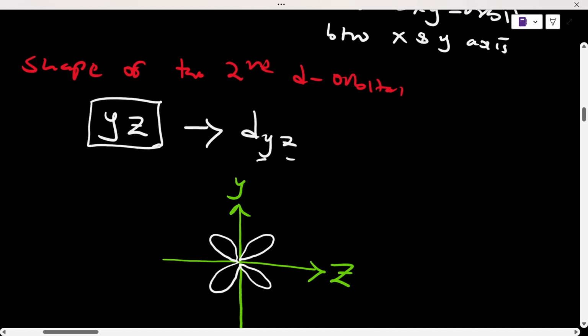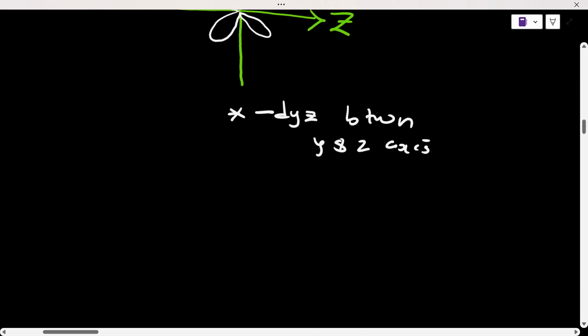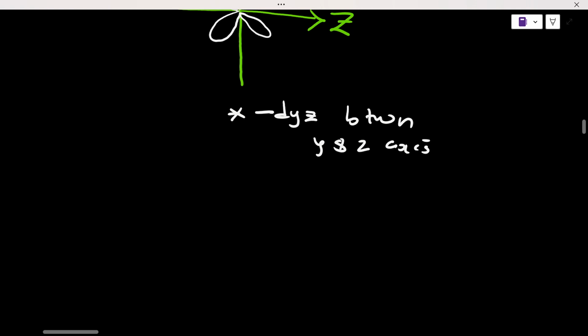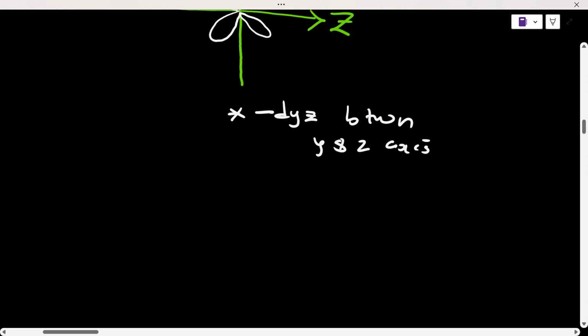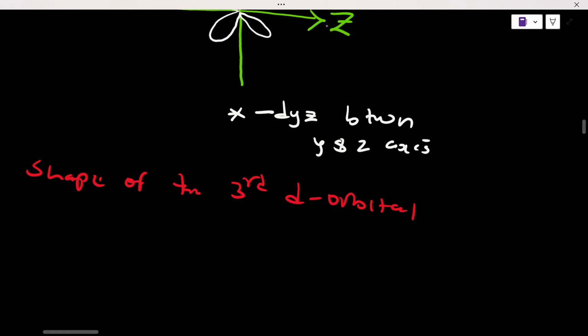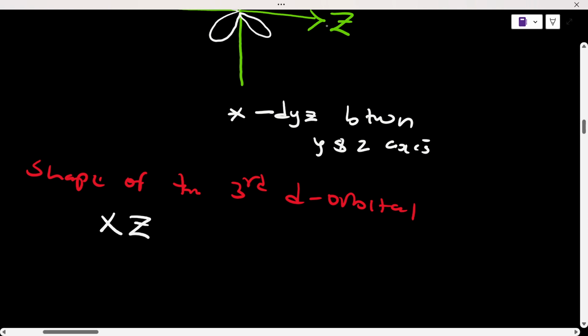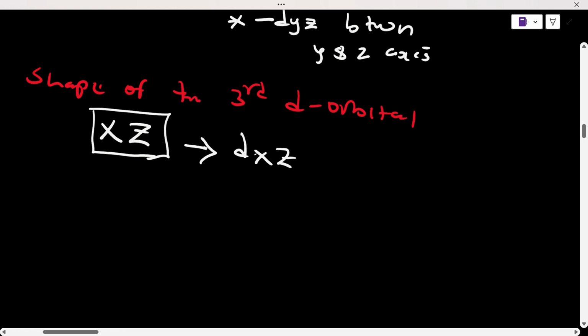Good. Shape of the third d orbital. And we said initially that the third d orbital takes the x and z axis, and we are going to call it dxz.